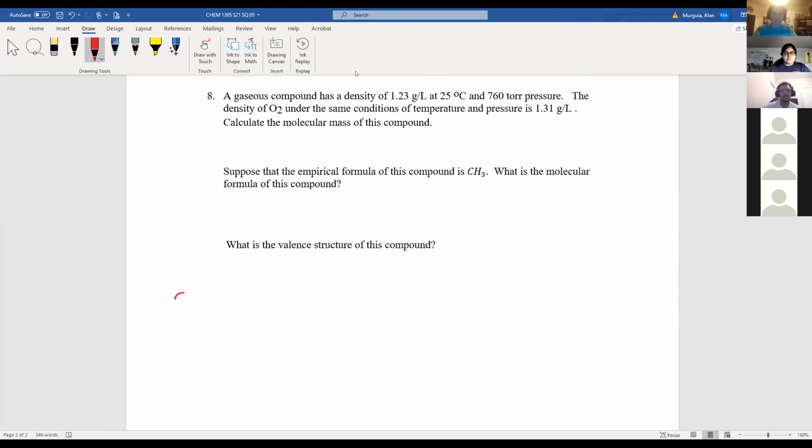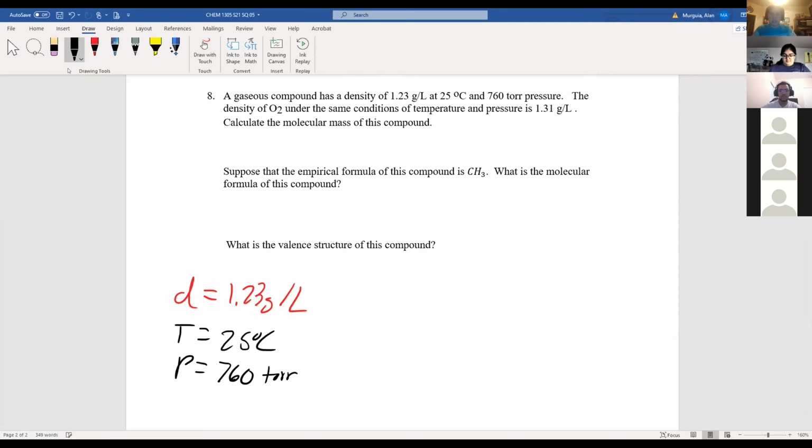Here we have a density for the unknown, which is 1.23 grams per liter. And we have a temperature, which is 25 degrees Celsius. We have a pressure, which is 760 torr. And then we see that the density of oxygen under the same conditions, so O2 density, is 1.31 grams per liter.